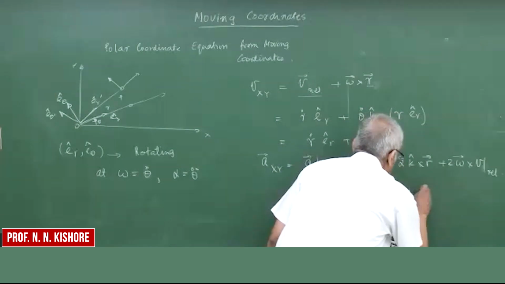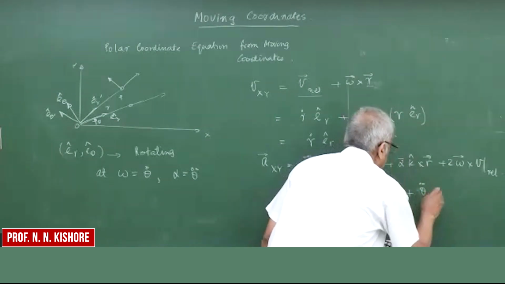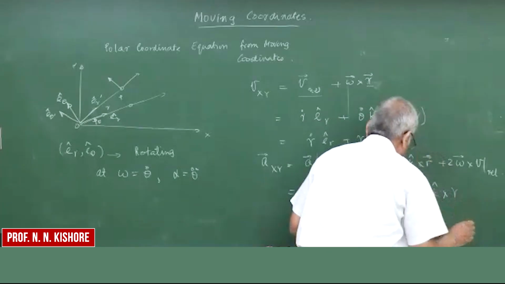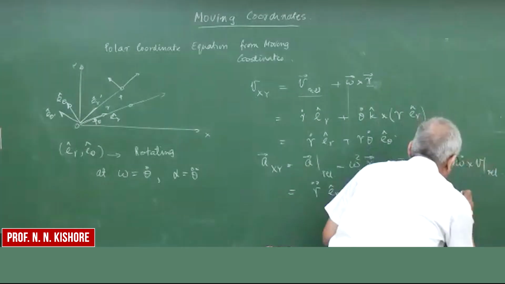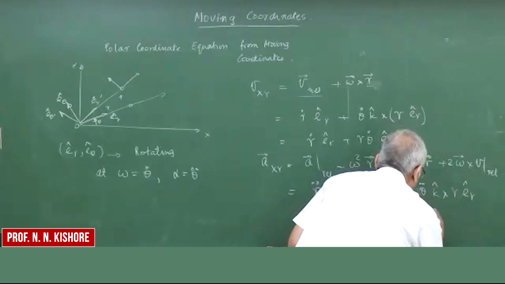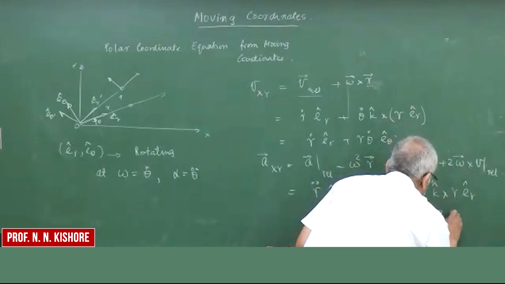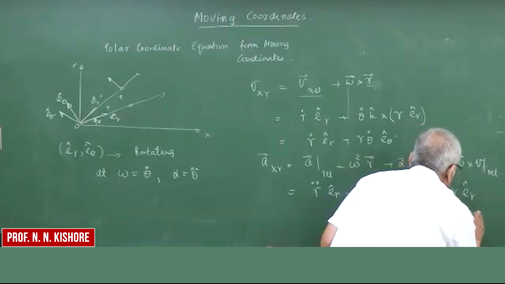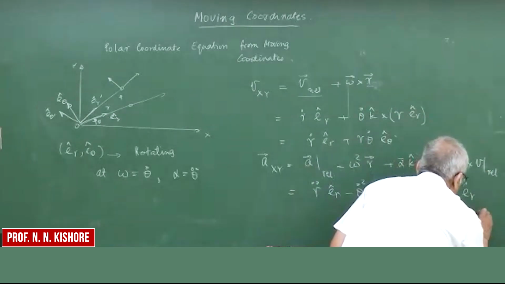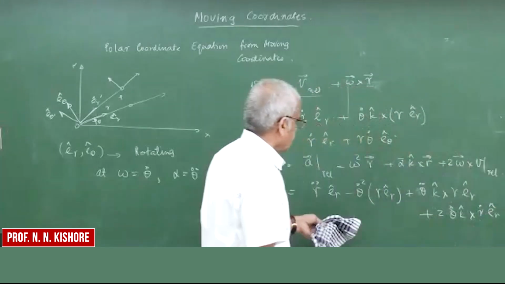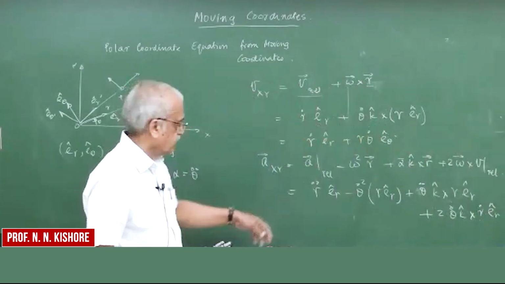Alpha is theta double dot, and k cross r ER, plus theta dot k cross the relative velocity, r dot ER.